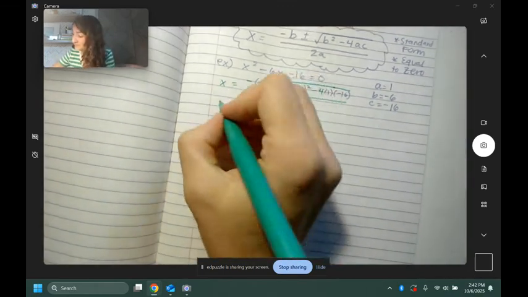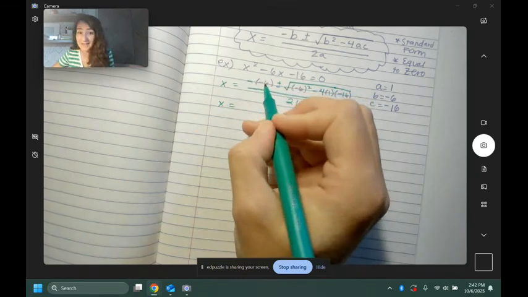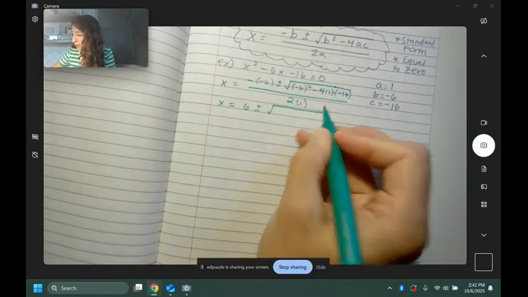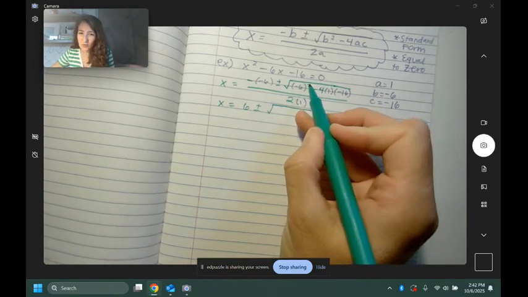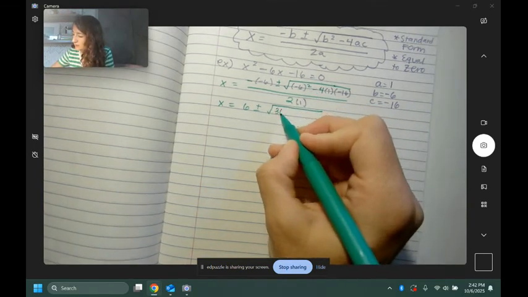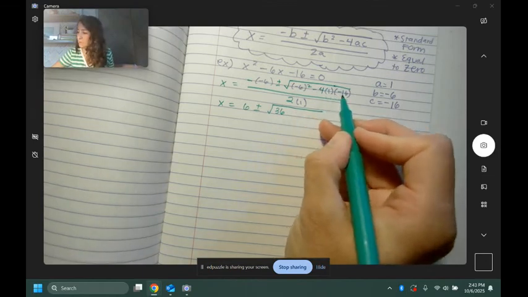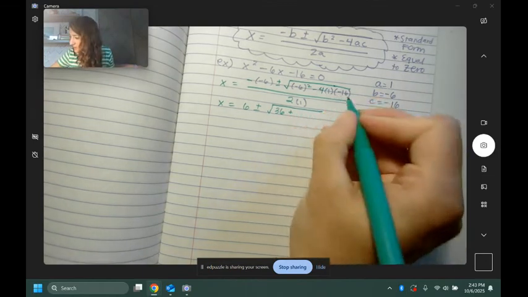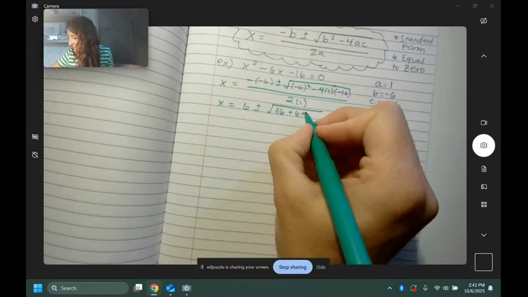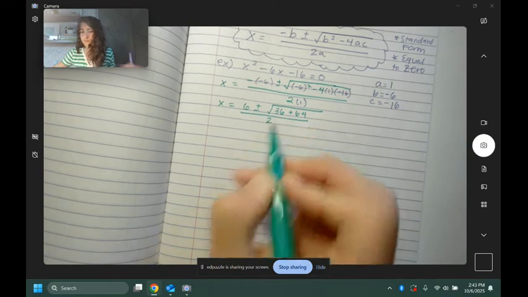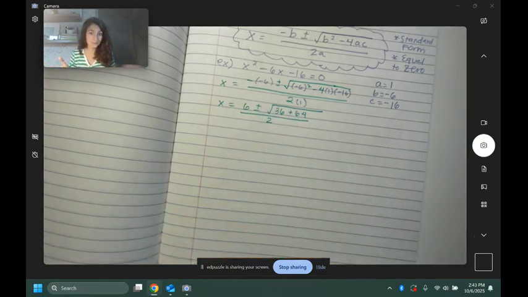x equals negative 6 is just 6, plus or minus the square root. Negative 6 squared is 36. Negative 4 times 1 times negative 16 is positive 64, all over 2 times 1, which is 2.